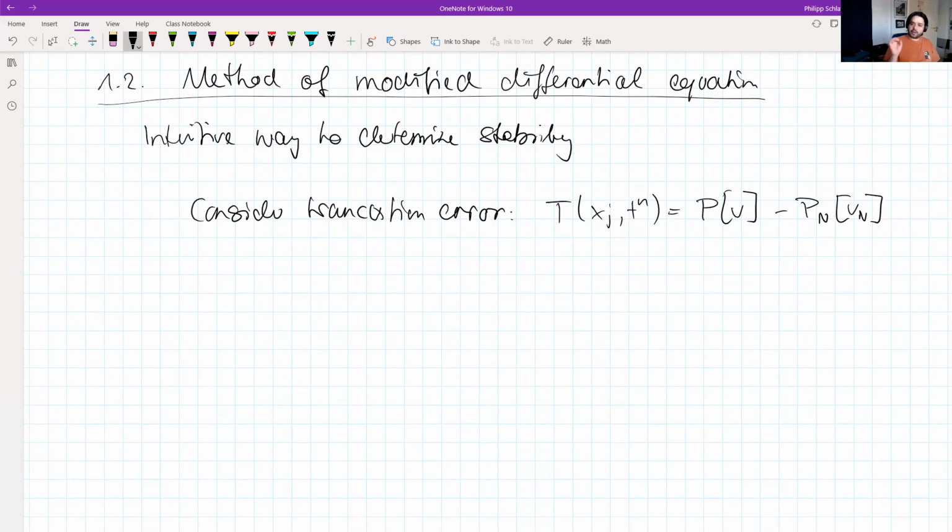So P, which is the exact PDE, minus P_n, which is the discretized one. So the truncation error, if you think back, that was about the consistency. It tells you how well do we approximate the partial differential equation. That's the idea of the truncation error. So what is lost by going from continuous to the discrete system?